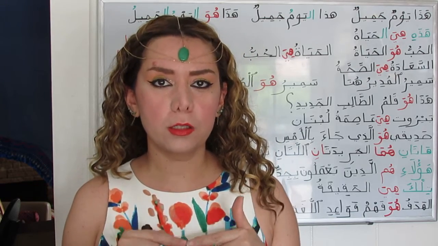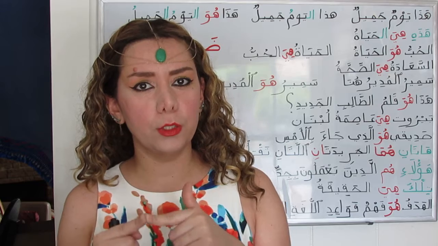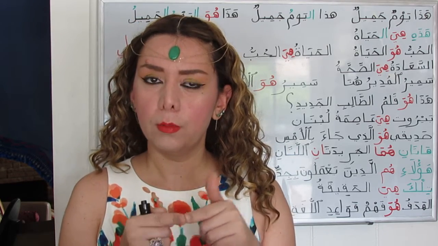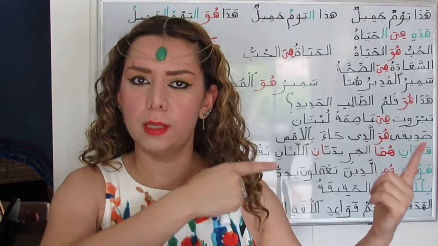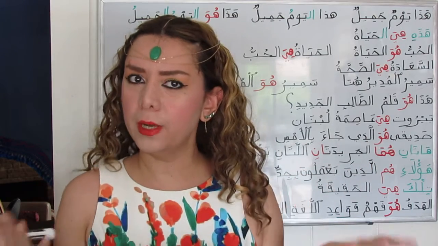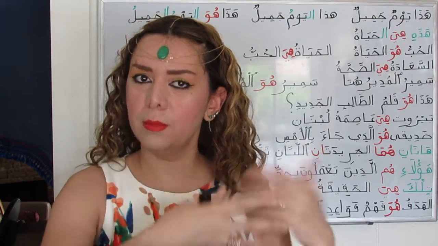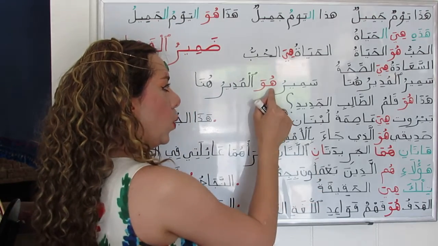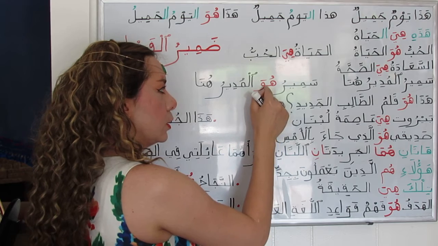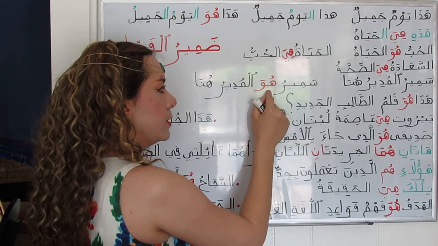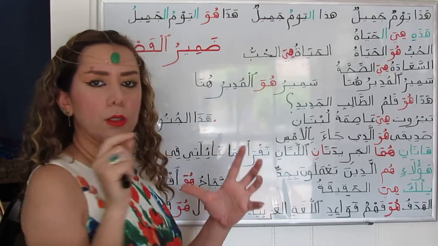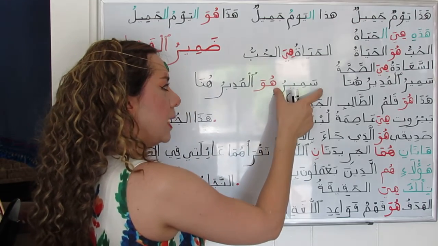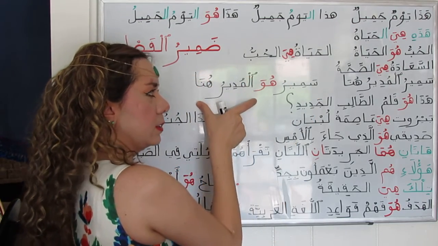This is because the word al-mudiru can be either an adjective modifying the word Samir or a predicate telling something about Samir. So when we insert the pronoun of separation, you will be marking the subject and the predicate.